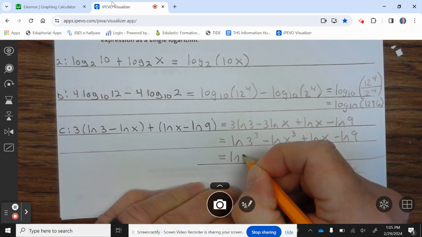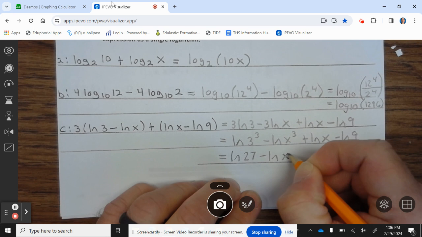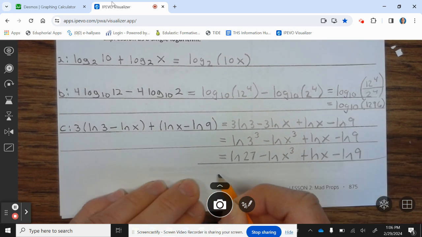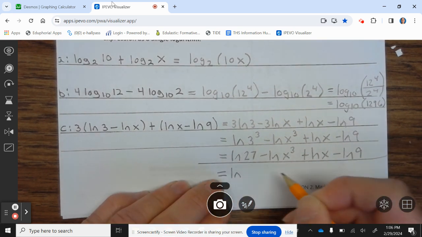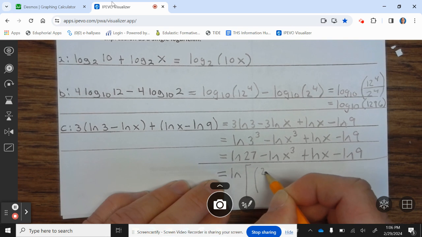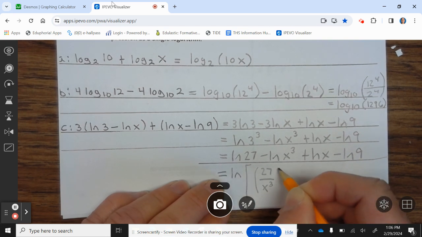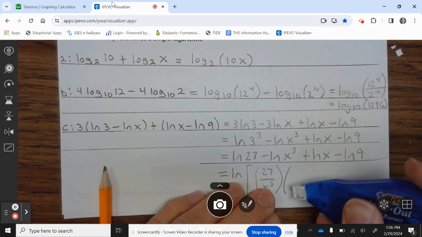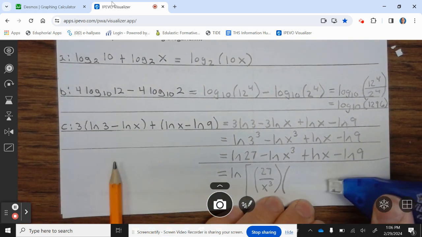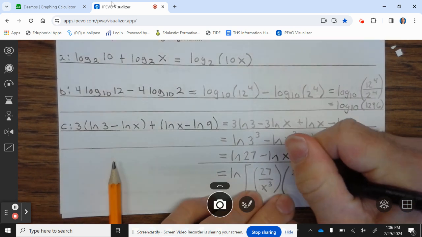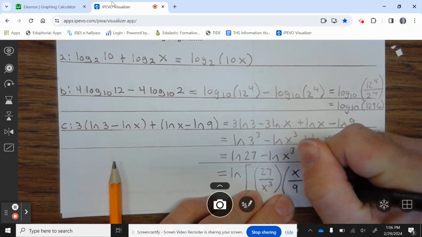Which becomes ln of 27 minus ln of x cubed plus ln of x minus ln of 9 equals ln of 27 divided by x cubed times x divided by 9.